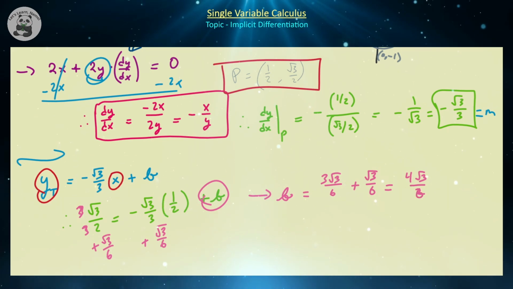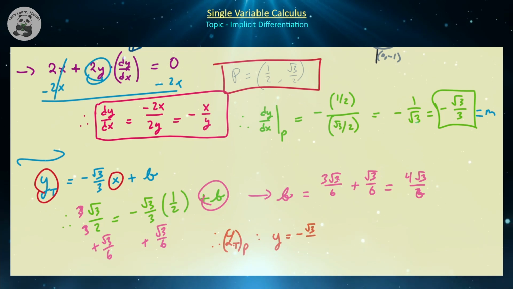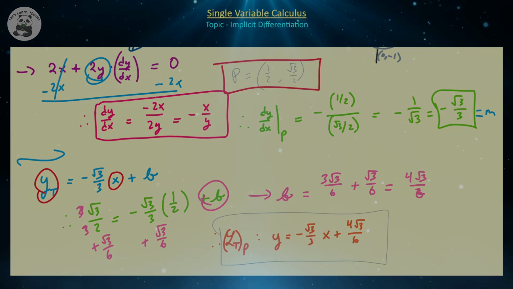And that is going to be our intercept term. So once we have our intercept term, we can formally state our equation of our line that is tangent to the curve at that point P, and that's going to be y is equal to m x plus 4 square roots of 3 over 6, and that is the equation of our tangent line.